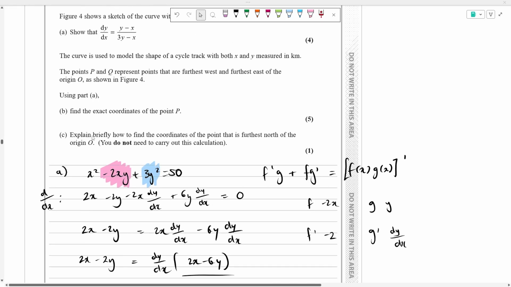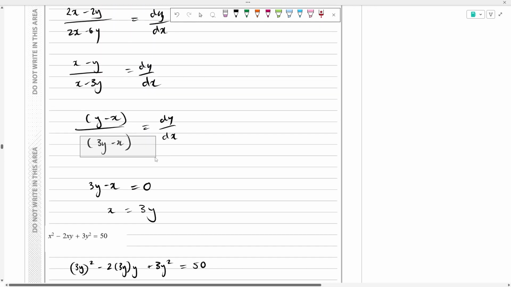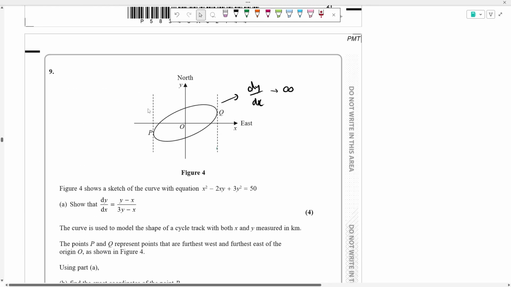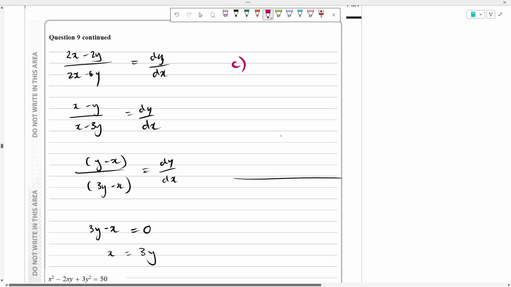For part C, explain briefly how to find the coordinates of the point that is furthest north. Well, since we set the denominator to 0 to work out the vertical point, to work out the horizontal point, if we go back to this part here, we would work out when the numerator is 0. So for part C, set y minus x equal to 0, or you can do dy by dx equal to 0, where y is equal to x.